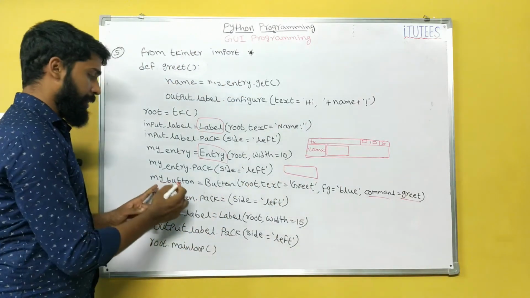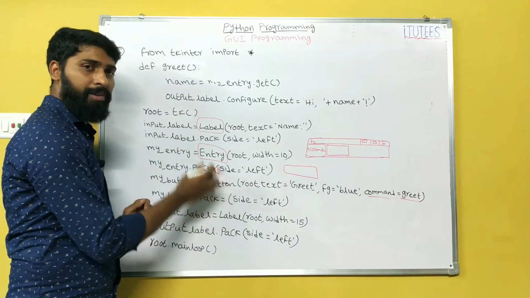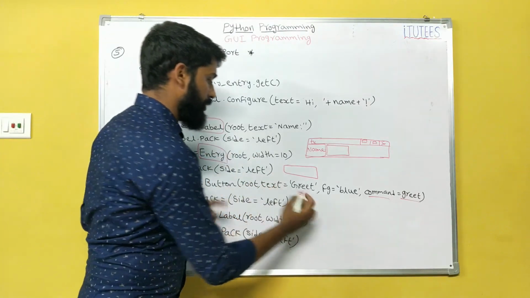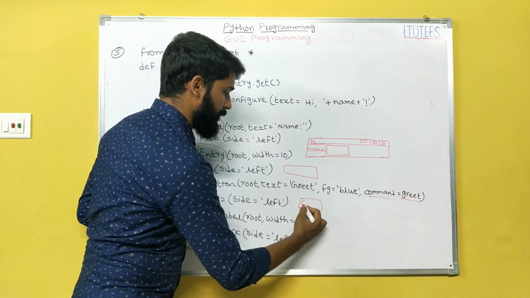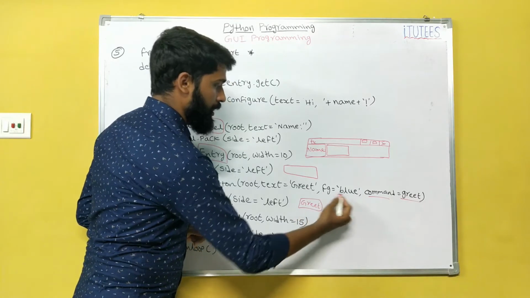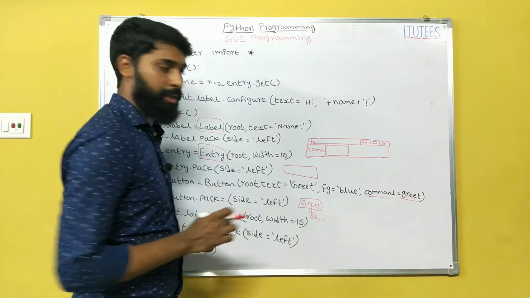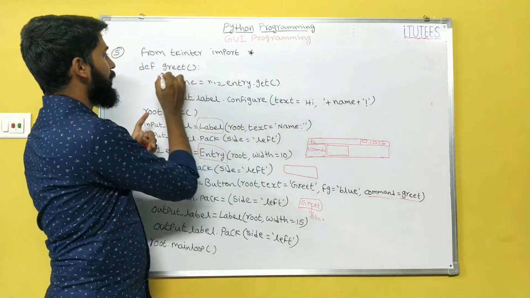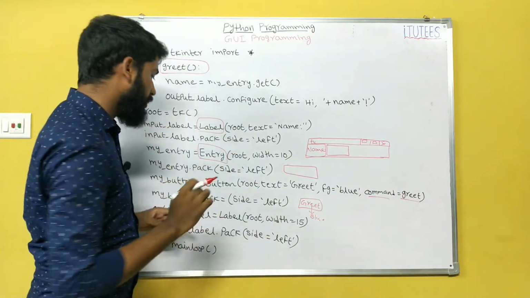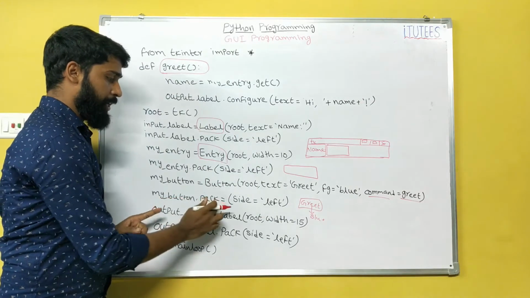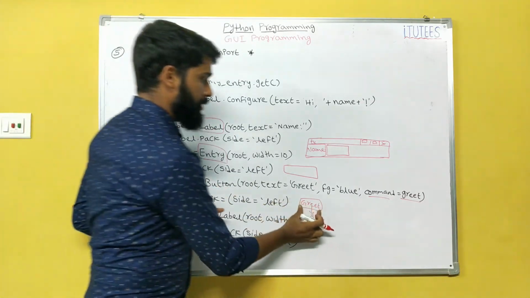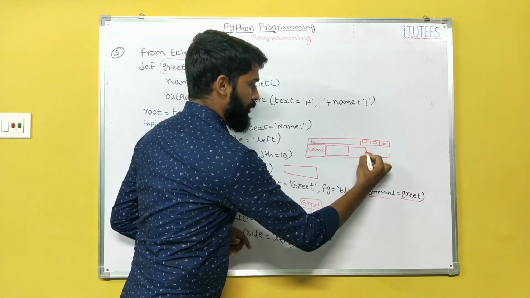So next one, my button equals to, I want to append one button to this window. What is the button name? The button name is greet and it is blue. When I click this button, the greet function will be invoked. So my button dot pack side equals to left. That means this is appended here.